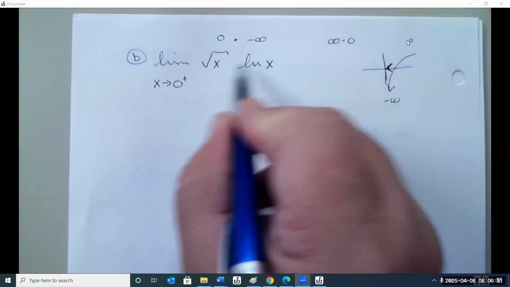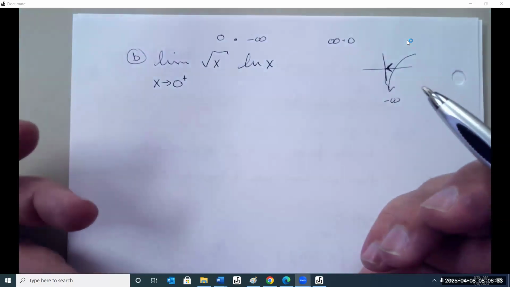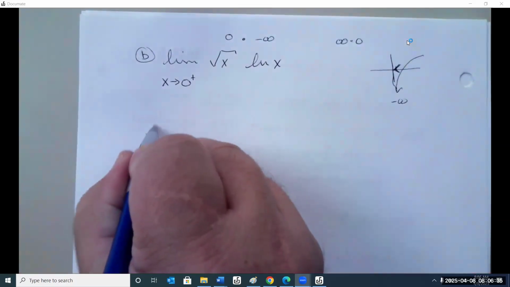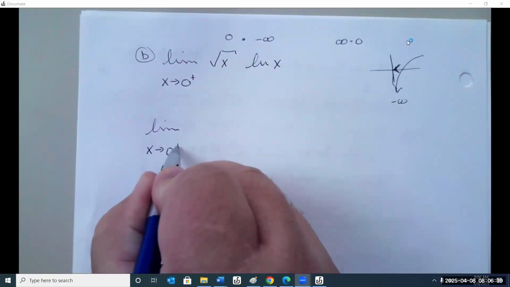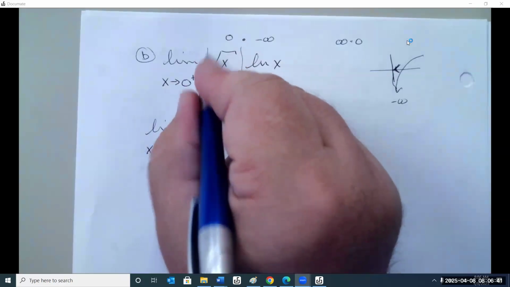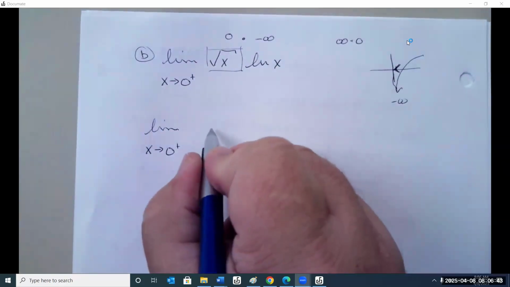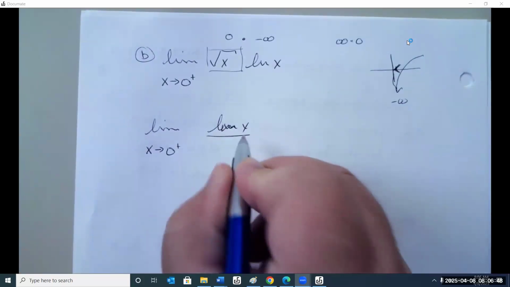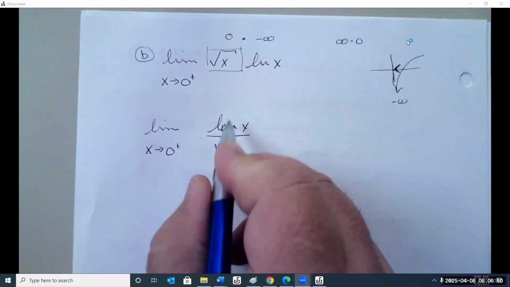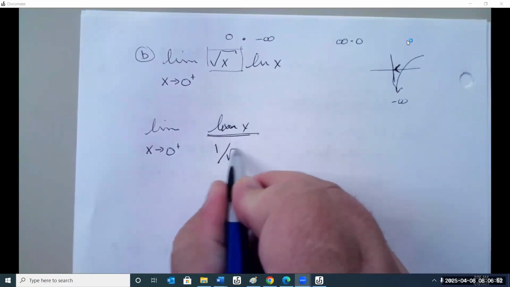Now, how do we put this into a rational form? We can rewrite algebraically. We can rewrite the first term by putting it on the denominator and dividing it.